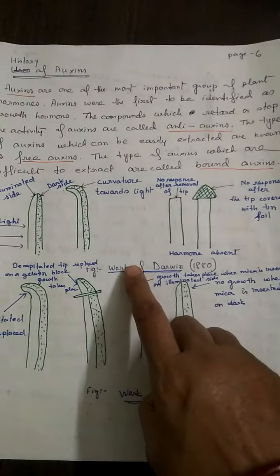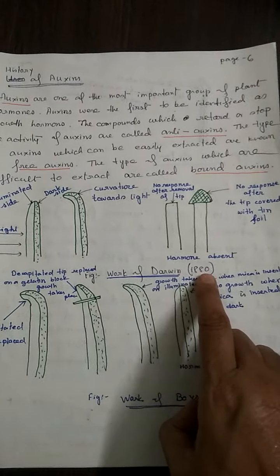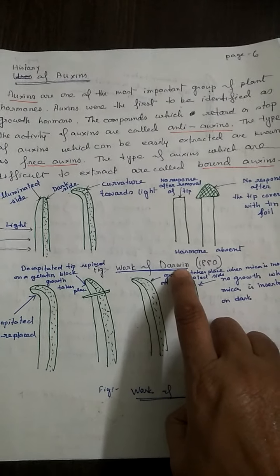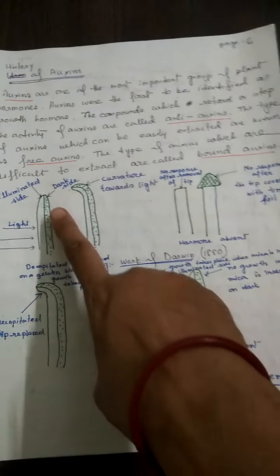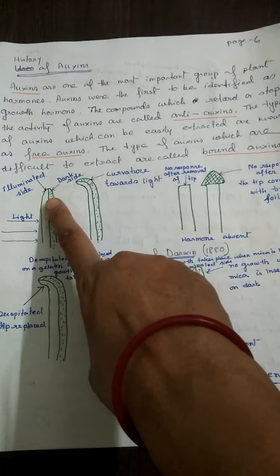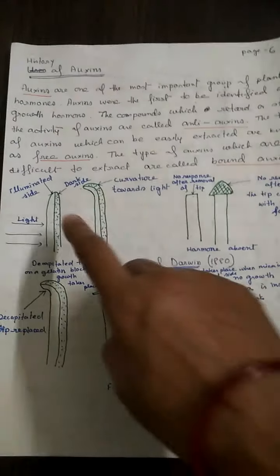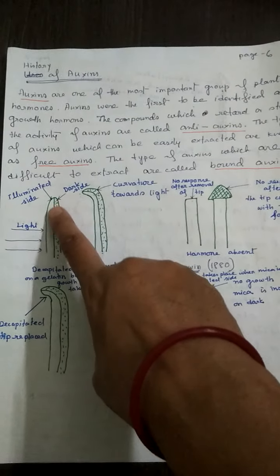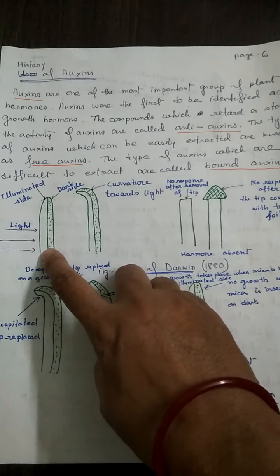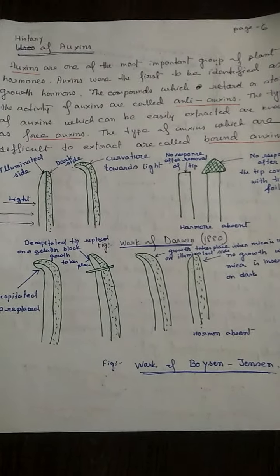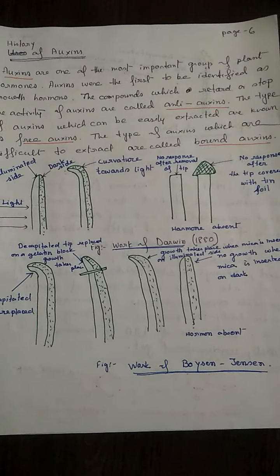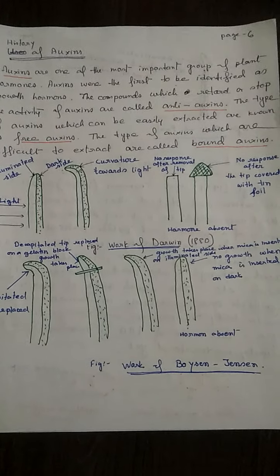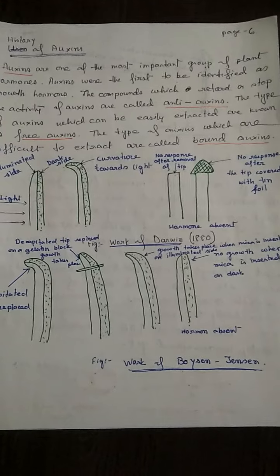One of the early works is from 1880 by Darwin. He worked on the coleoptile and coleorhiza; I think you can remember the parts. The coleoptile is the future shoot and the coleorhiza is the future root.